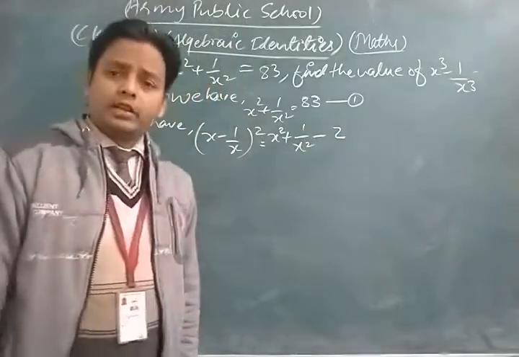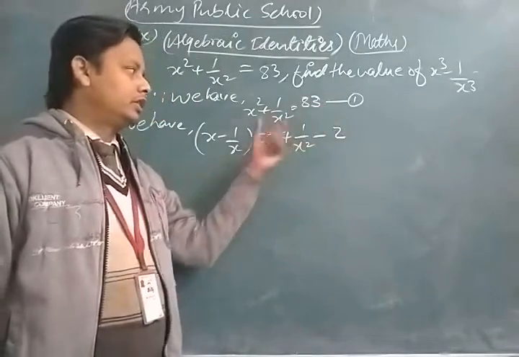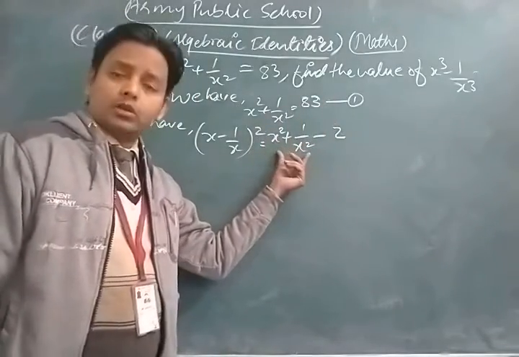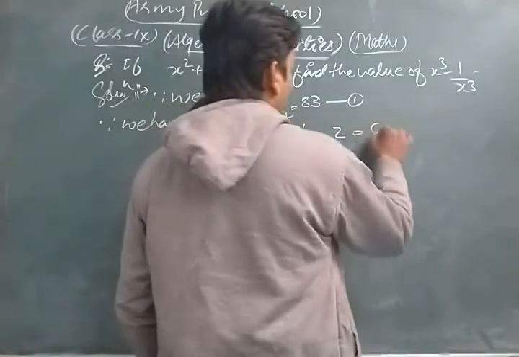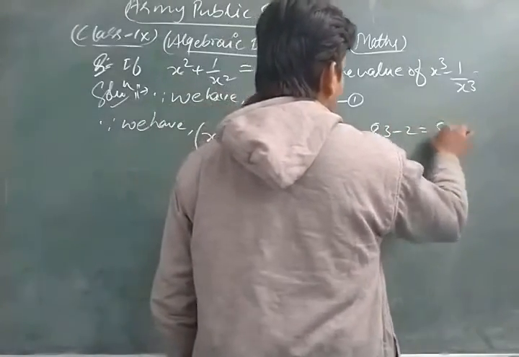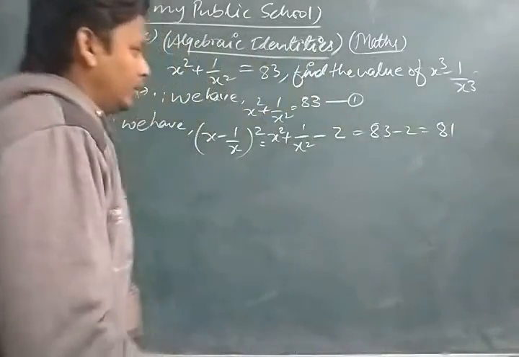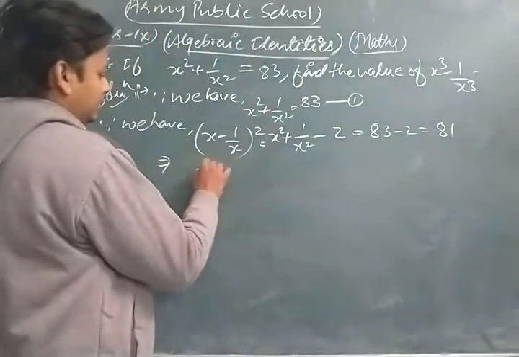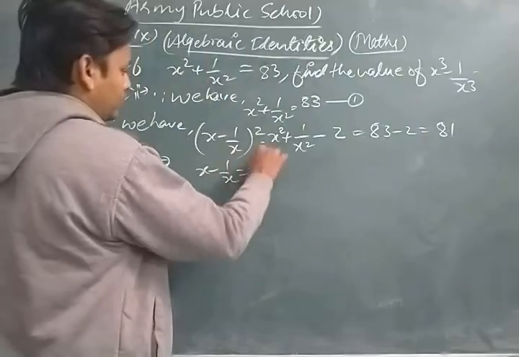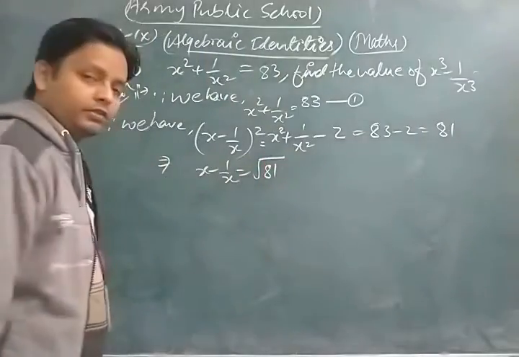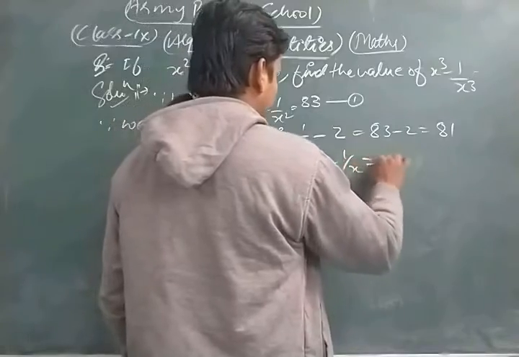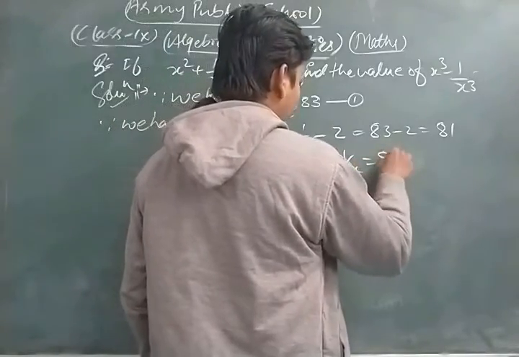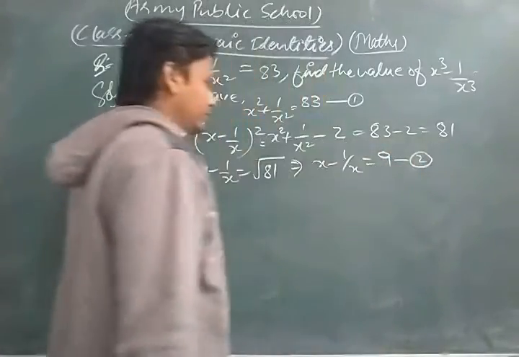Using equation 1, we put the value of x square plus 1 upon x square, which is 83. So 83 minus 2 is 81. This implies that x minus 1 upon x is equal to under root 81, that is, 9. We take this as equation number 2.